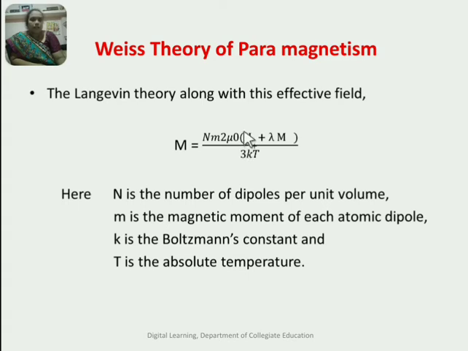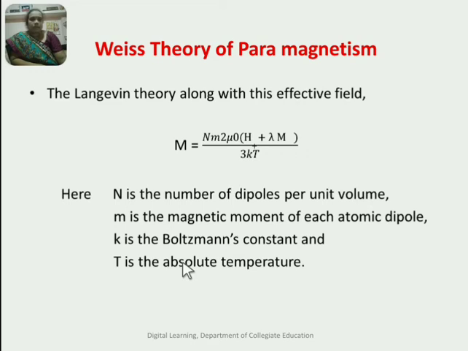Already we know that He is equal to H plus lambda M. This He value is substituted from the above equation. After substituting the He value, we get this expression. Here N is the number of dipoles per unit volume, m is the magnetic moment of each atomic dipole, and k is the Boltzmann constant. Lastly, T is the absolute temperature.